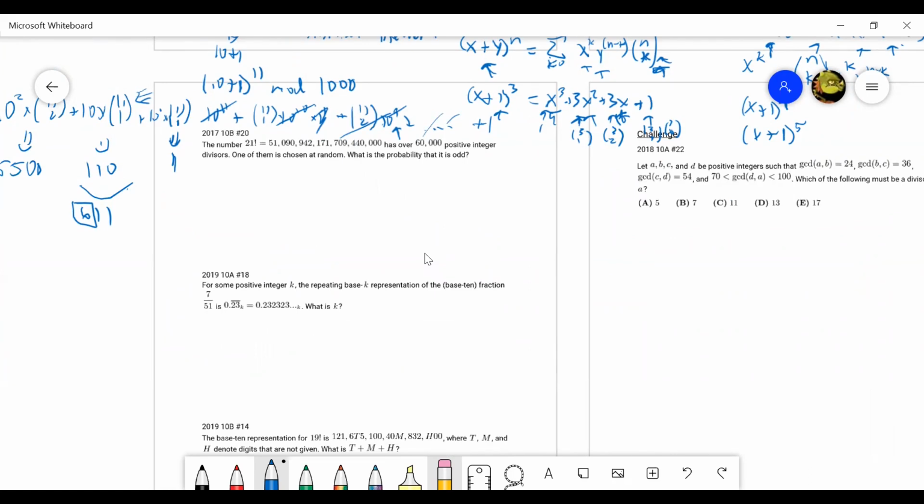So if you don't recall, probability is just the number of successful outcomes over total outcomes. And essentially, what you cannot do is count every single one of the odd factors, because this number has so many factors. You can't just list them out by hand. You have to find some better way.